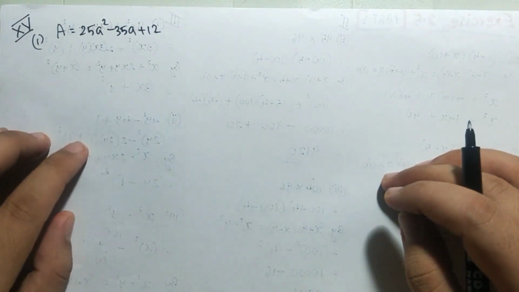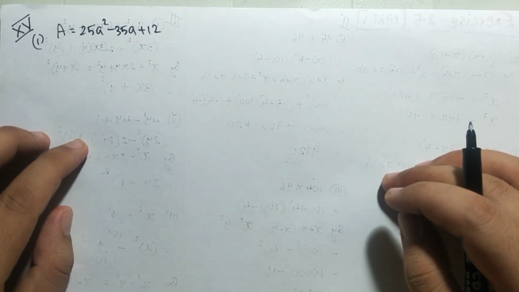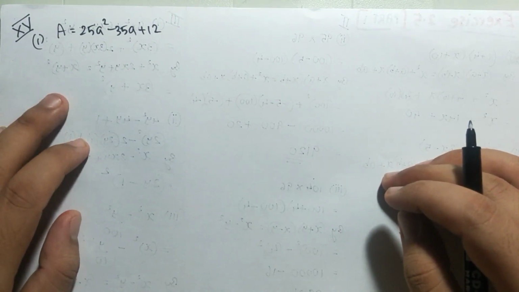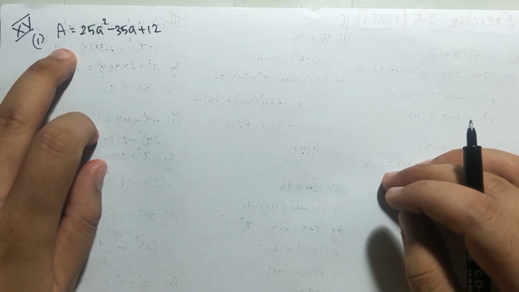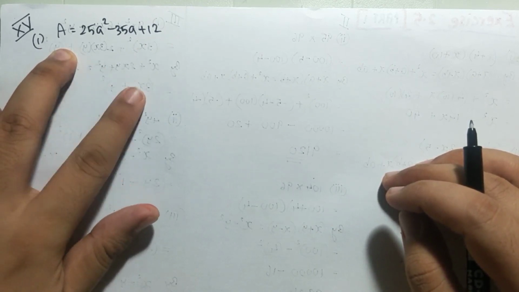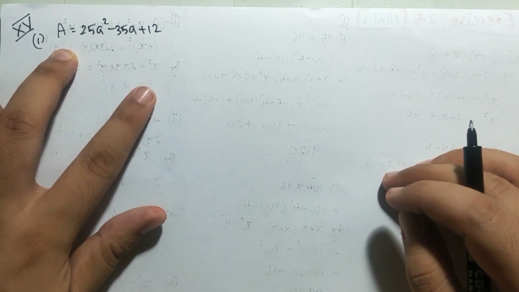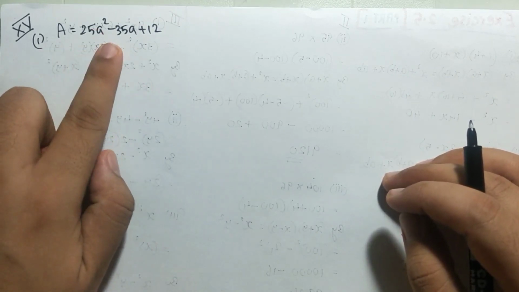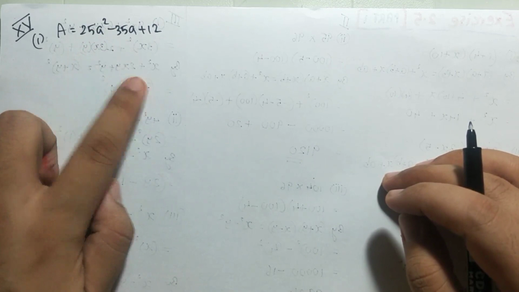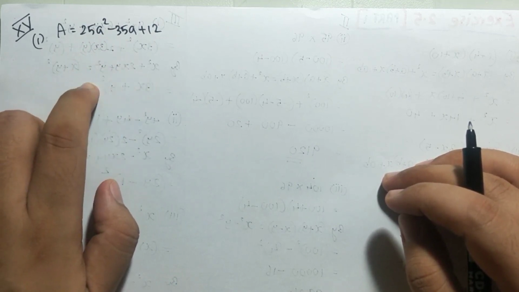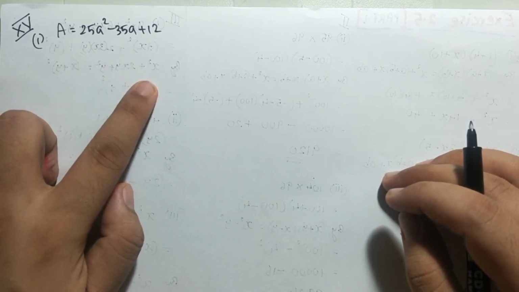This quadratic polynomial is given to us, and you have to find the length and breadth. So you know that area of a rectangle is equals to length multiplied by breadth. So this quadratic polynomial has to be factorized in two terms.